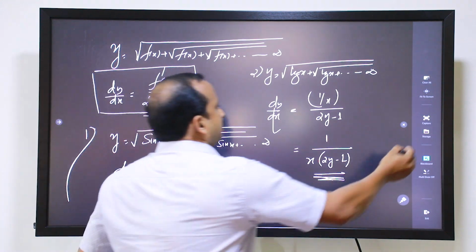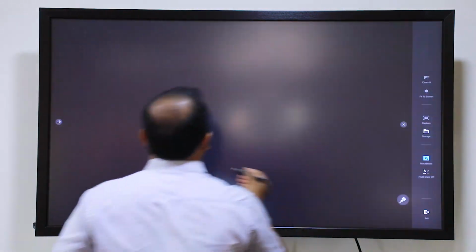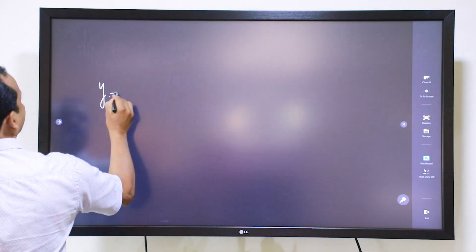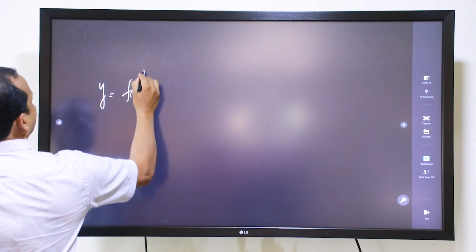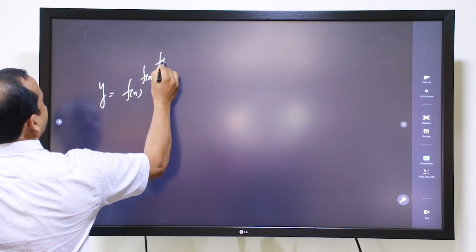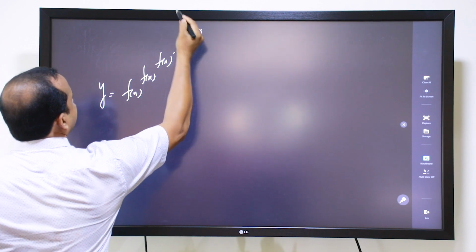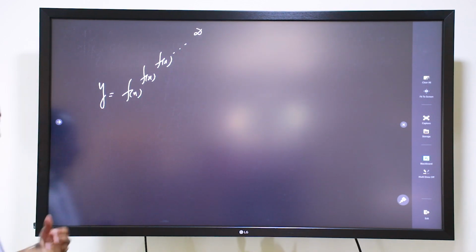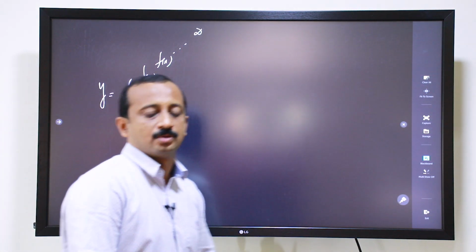Similarly, we use another formula. A function of the form y is equal to f of x raised to f of x raised to f of x raised to etc. to infinity.